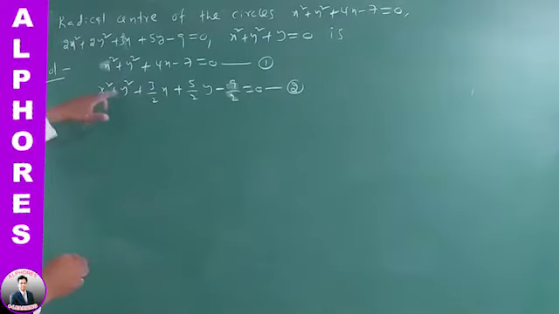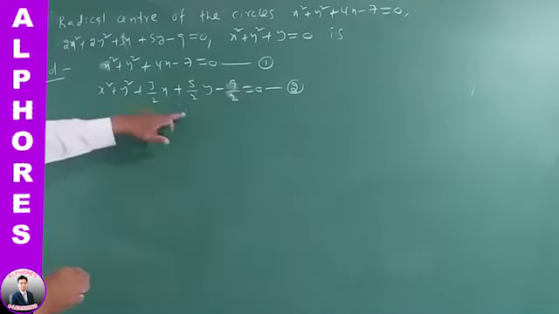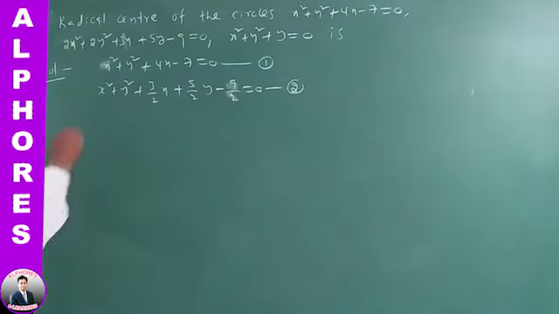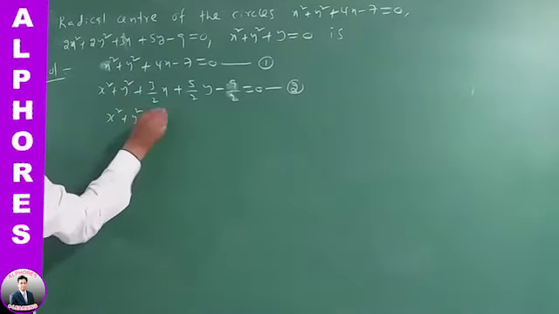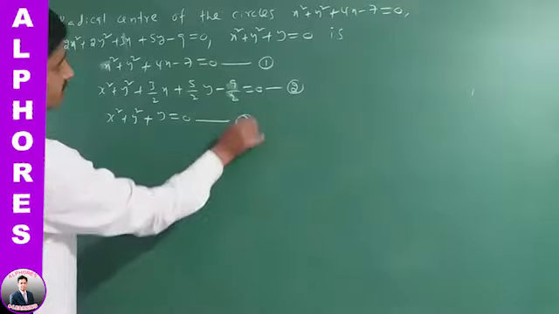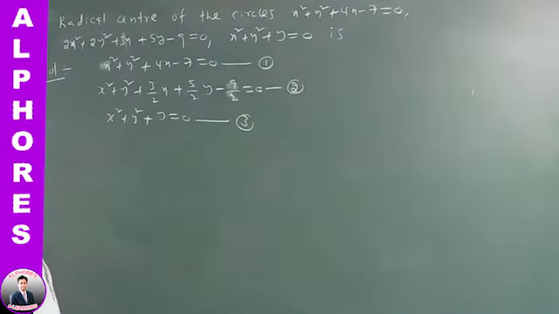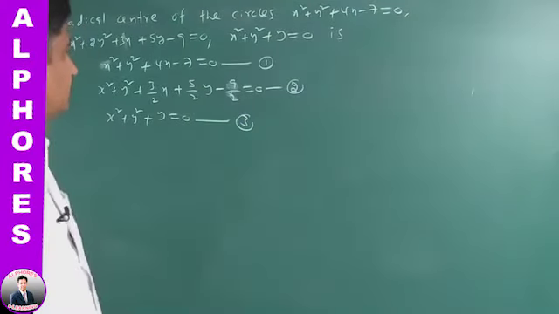It is x square plus y square plus 3 by 2 x plus 5 by 2 y minus 9 by 2 equal to 0, equation number 2. Next, the third circle: x square plus y square plus y equal to 0, equation number 3.